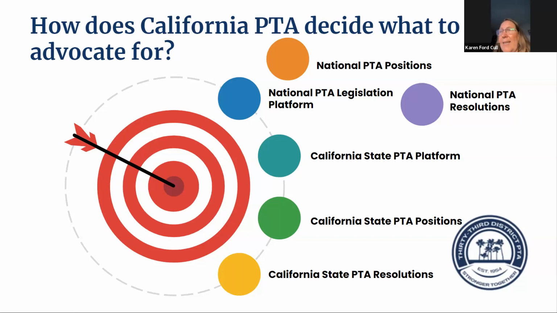So when a new legislation comes up, a new bill, they will look at it and they'll decide, okay, what do we have here in the platform that says that we can support it? If, like right at the moment, there's nothing in that about cannabis, so if there was a new law about cannabis, it would be difficult for the California State PTA to take a position on a particular law about that.